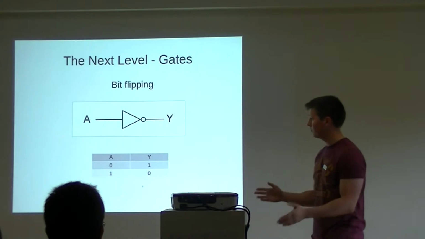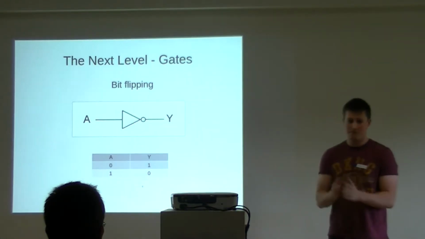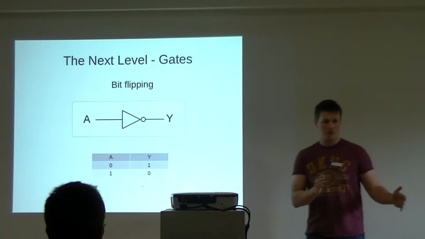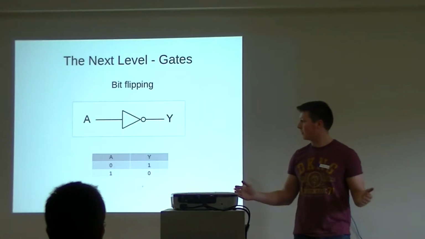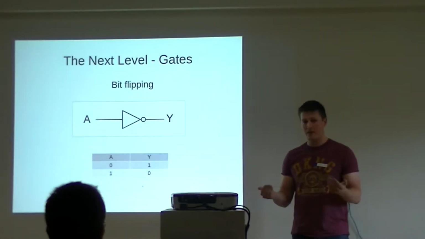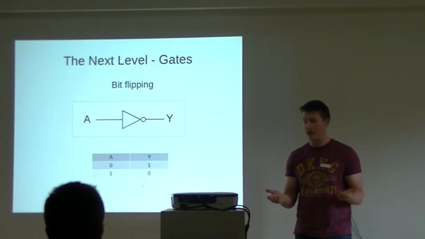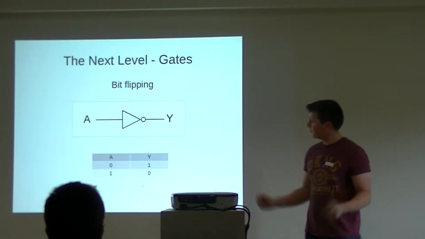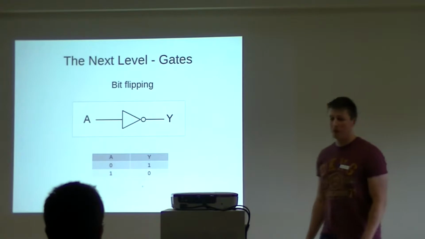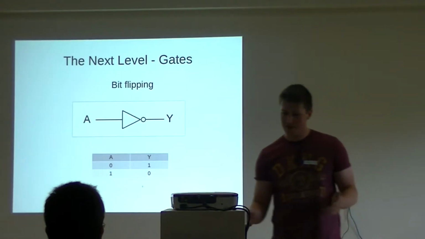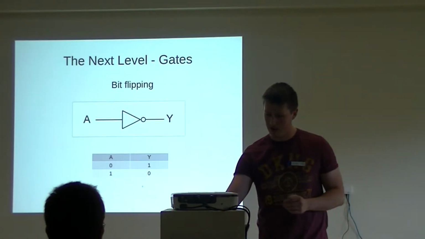So each time you flip, you're charging up the line between one end of the gate and the source of the other gate. That takes a certain amount of power, it takes a certain amount of energy as well, and that causes more energy consumption. So each time you flip costs you a certain amount of energy.